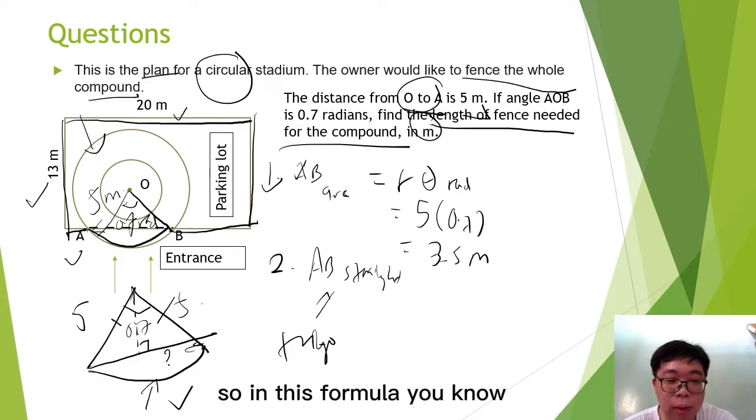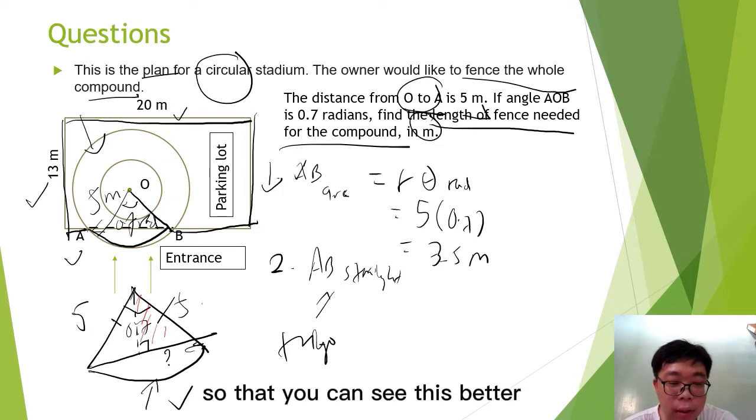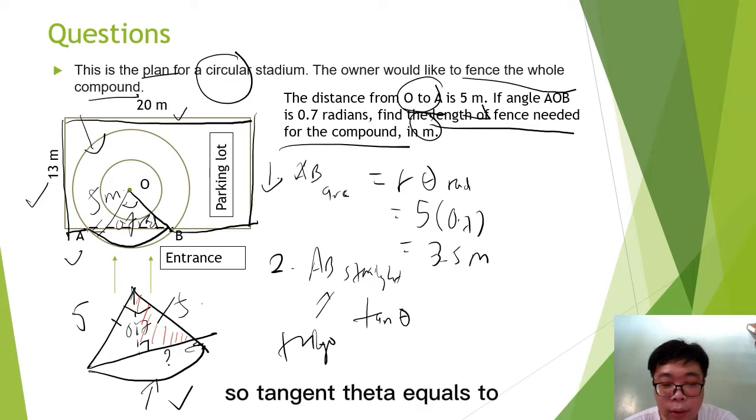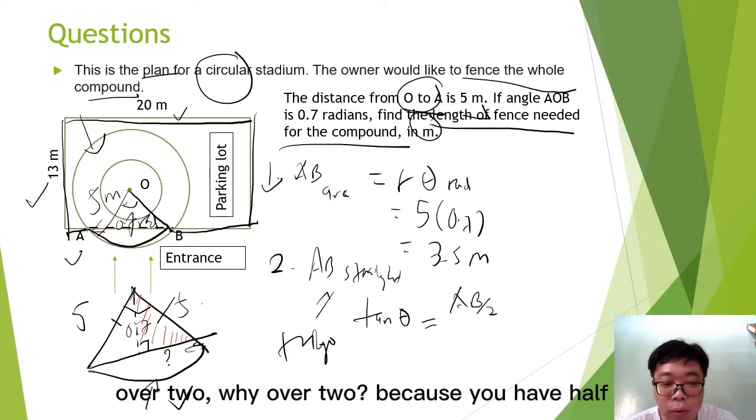I draw this color so that you can see this triangle. When you draw this triangle, the red color here actually refers to theta. So you have opposite, which is your AB straight line, over 2, because you have half AB.